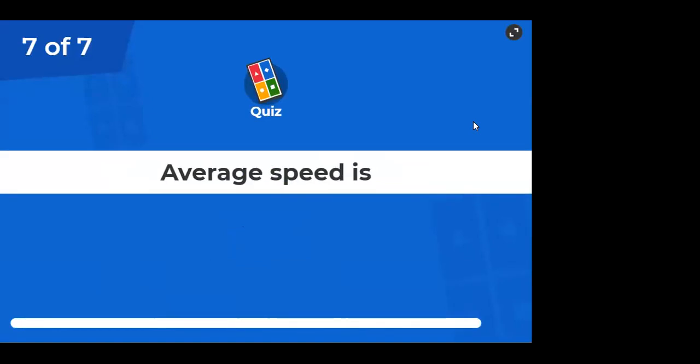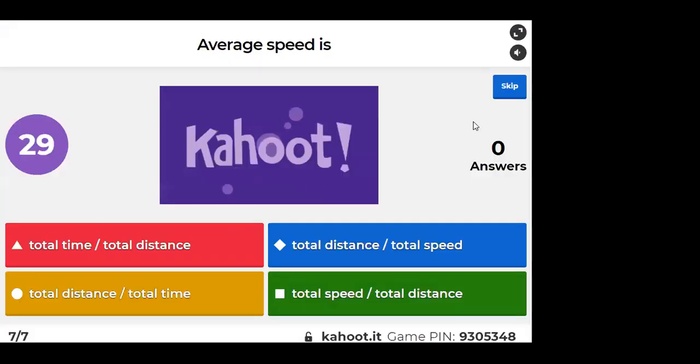Average speed is again same definition. It should be same definition. Yes or no? How come the definition will change? Definition of speed will not change. Uniform motion.